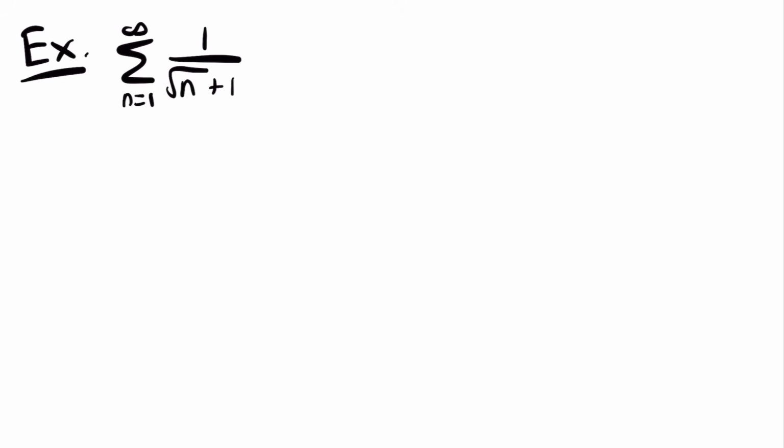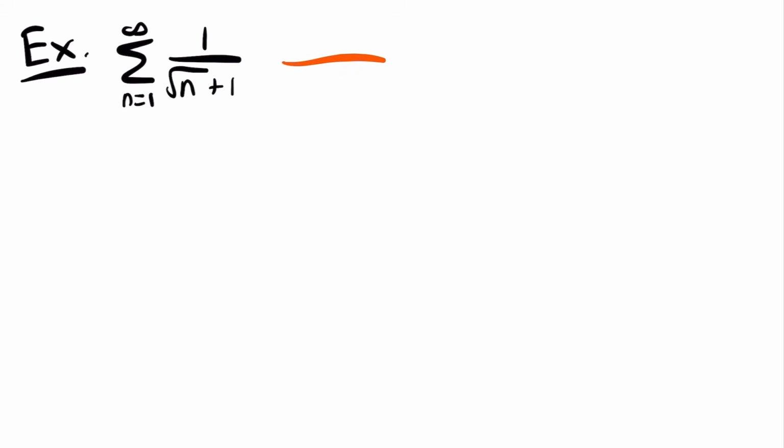And so what we can do is compare the series to a series whose convergence or divergence we do know. If you look at the structure of our series here, we have 1 divided by the square root of n plus 1. If we remove that plus 1, we would have 1 divided by the square root of n, which would be in the form of a p-series, right?